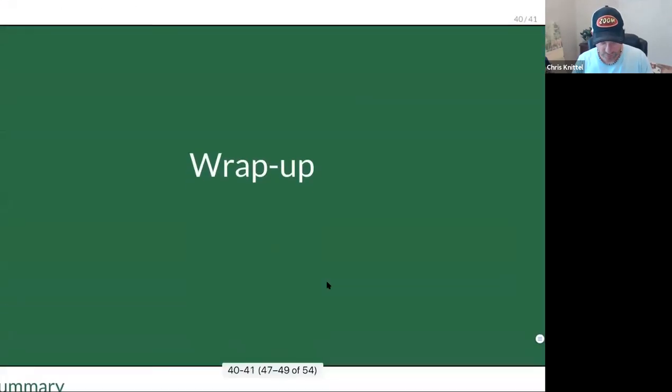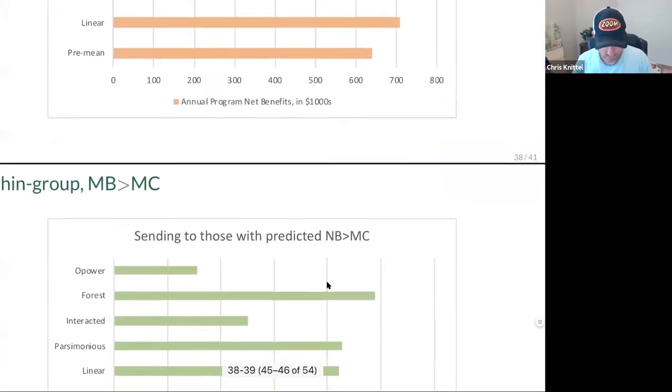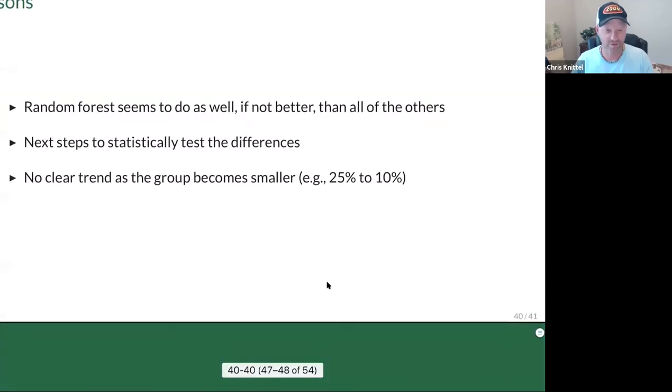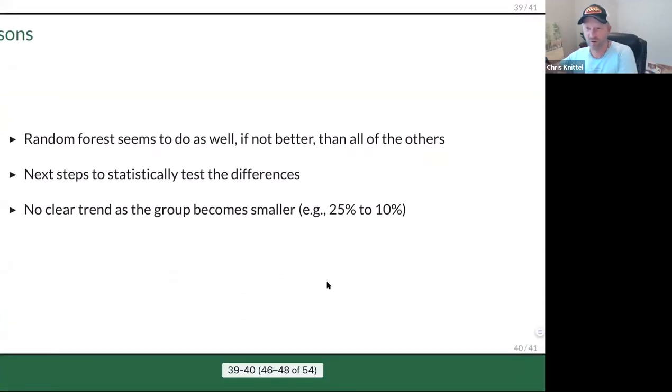So now we're going to go, oh, man. When we look, and this is probably what Rob wanted, when we look at the follow-on years, the forest outperforms all the methods there as well.